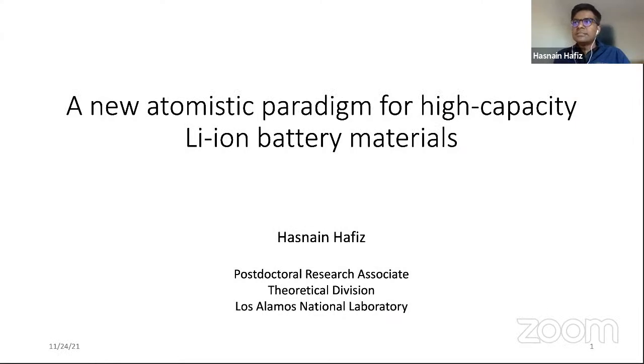Can you see my slides well? Yes, it's visible. Okay, you see the welcome slide, right? It's written A New Atomistic Paradigm for High-Capacity Lithium-Ion Battery Materials. Hopefully I'm in presentation mode, because I had issues previously with Zoom, but I think you can see the presentation slide very well.